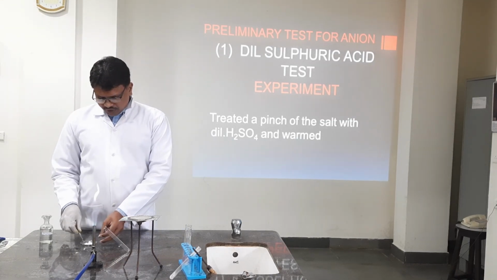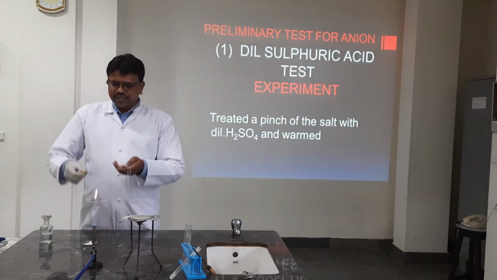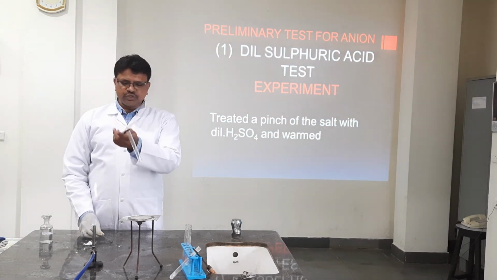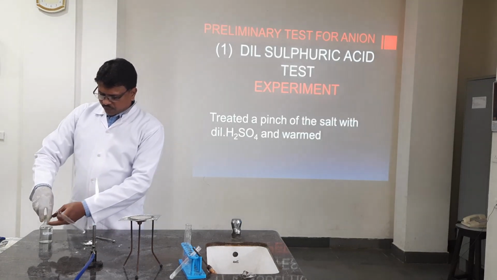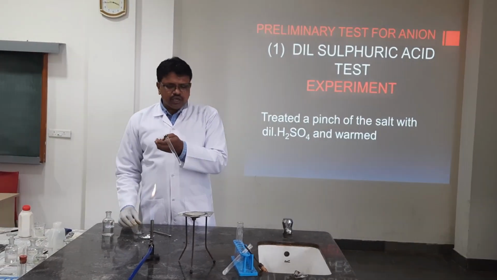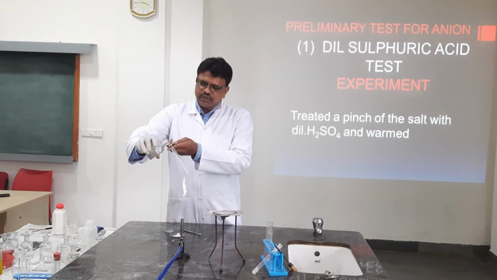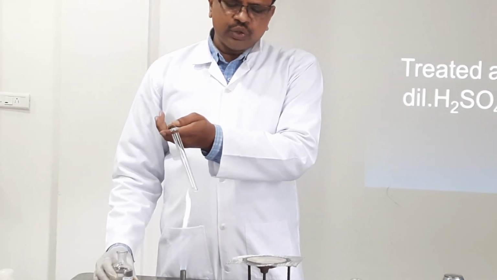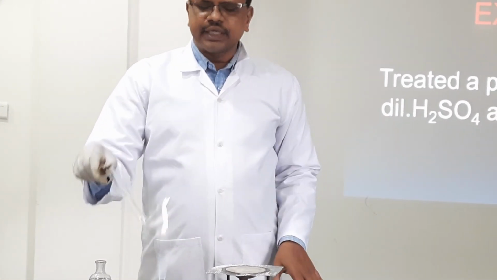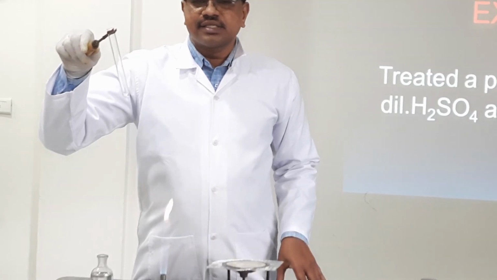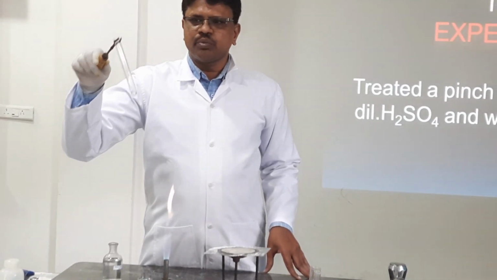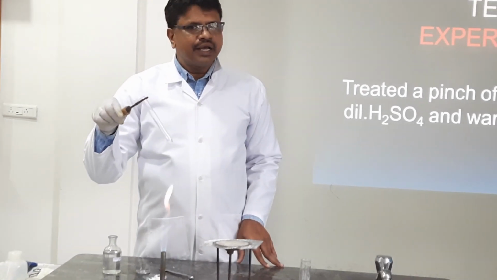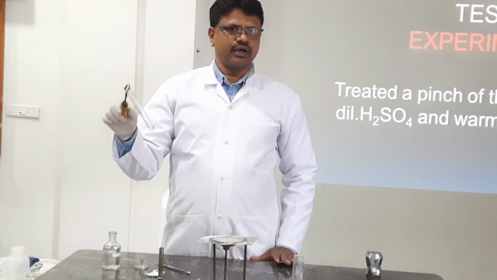So if there is carbonate ion in this salt, when I add this salt into a test tube and add dilute sulfuric acid, if this gives effervescence, then it has CO3 2-. Then if it releases a gas whose smell is like rotten egg, then that is sulfide ion.